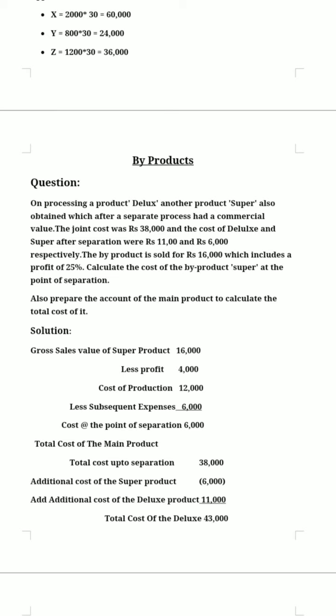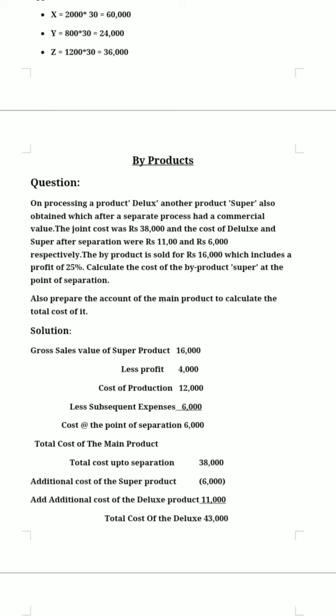Then we need to subtract the subsequent expenses of the super product, that is 6,000 given in the question. This gives the cost of the byproduct at the point of separation.